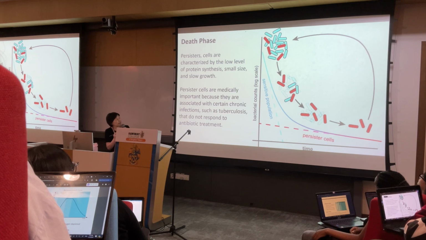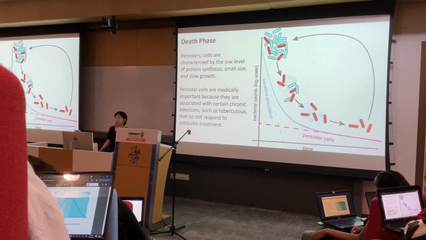And clinically, they are important because they can be associated with chronic infectious disease, such as tuberculosis. Sometimes you think you have recovered, the doctor gave you a lot of antibiotics for a bacterial infection, so you recover, right? But after a while, like one month later, it comes back. If it comes back, definitely the bacteria were not cleared from your body.